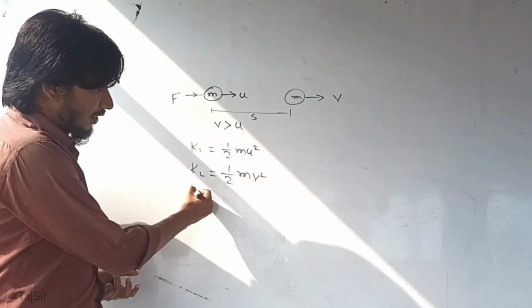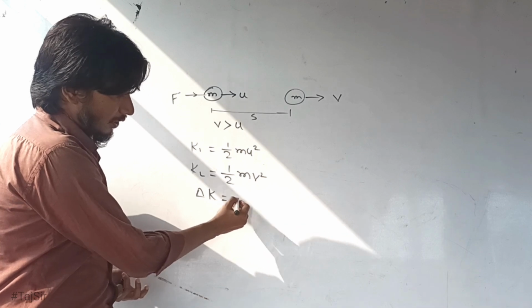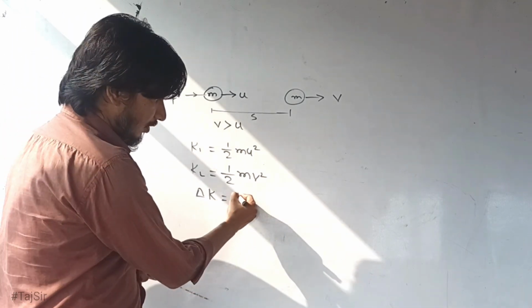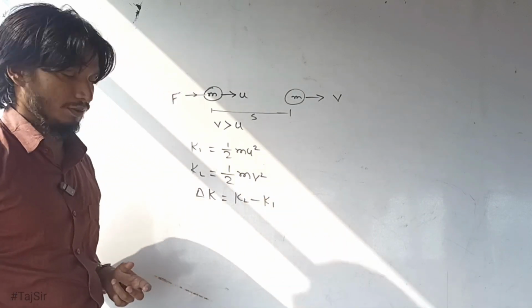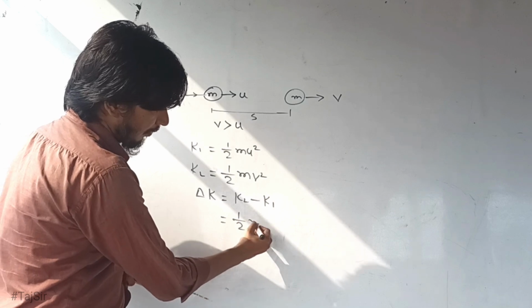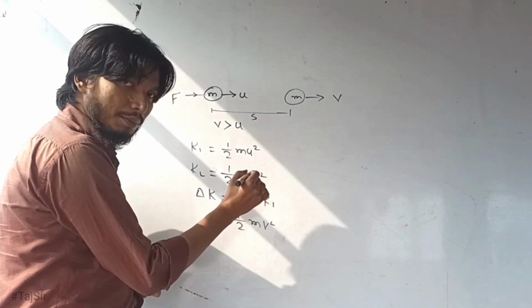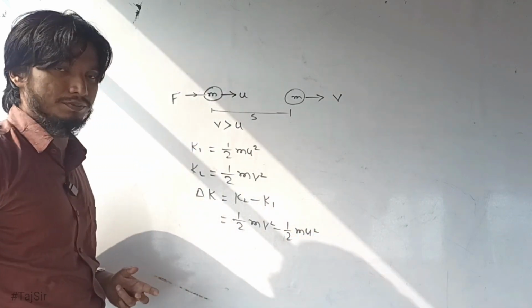What is the change in kinetic energy? Change in kinetic energy del k is final kinetic energy k2 minus initial kinetic energy k1, and this reduces to half mv square minus half mu square.